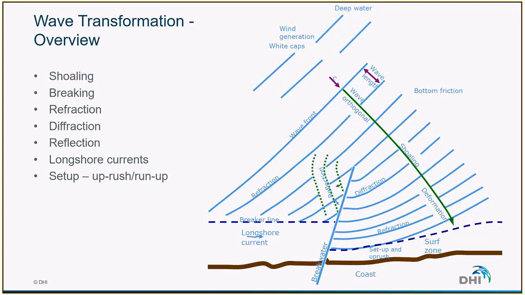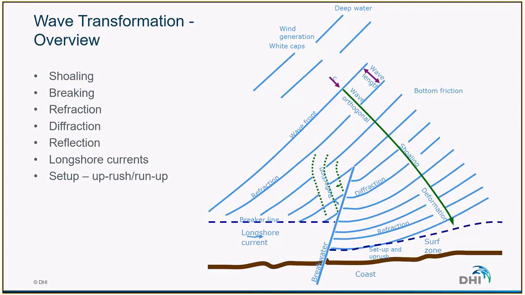As we've seen before, the waves are generated by the wind in deeper water, and then they will propagate towards the shore with a certain speed. Depending on the bathymetry or whether there are structures on their way to the shore, they will be affected. For instance, on this plot, we can see a breakwater located in the middle of the coast.